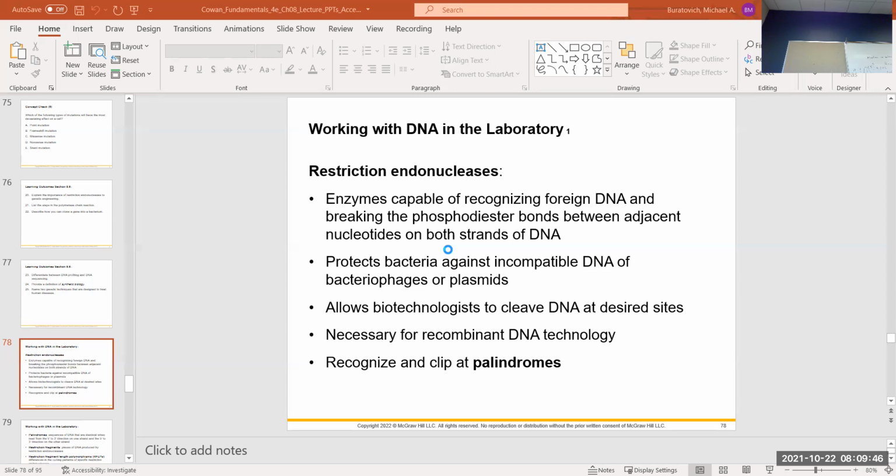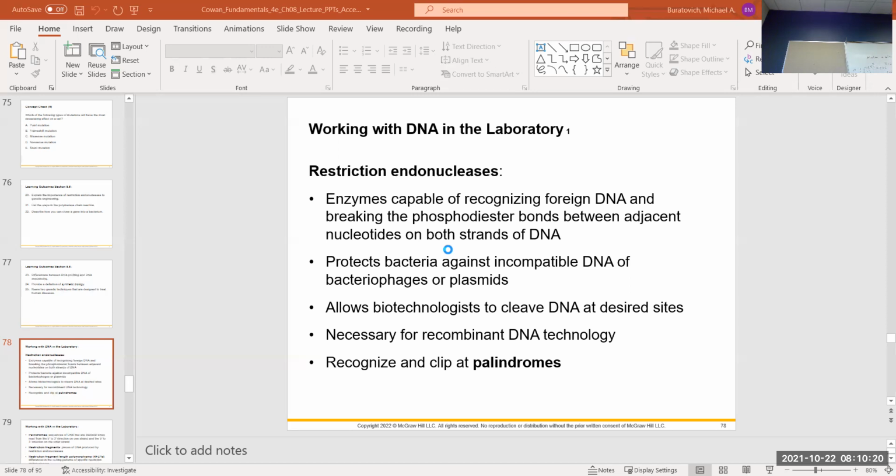Here's one that cuts right in between and produces blunt ends. Those blunt-ended cutters can be very useful for cloning PCR products. And then ligase, of course, is necessary to take those hybrid molecules and seal up the nicks in between the backbones of the DNA molecule.